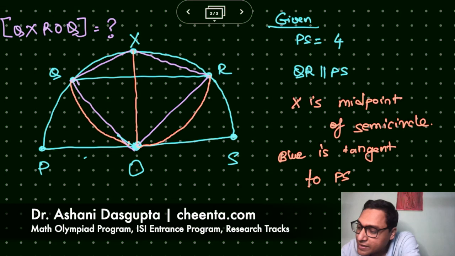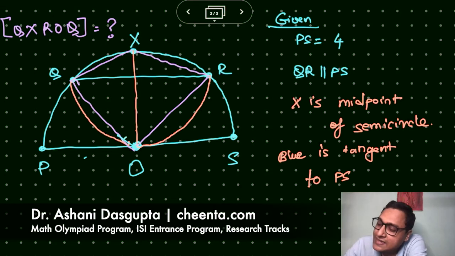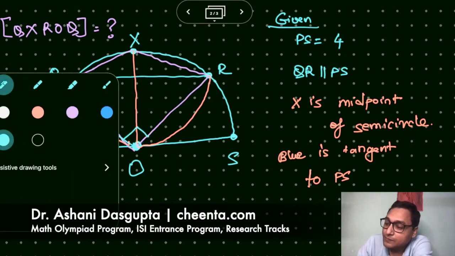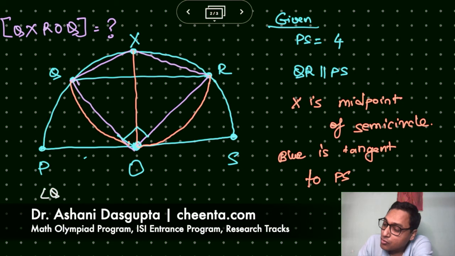The way we do it is that first realize that angle QOR is 90 degrees because it is the angle in the semicircle.